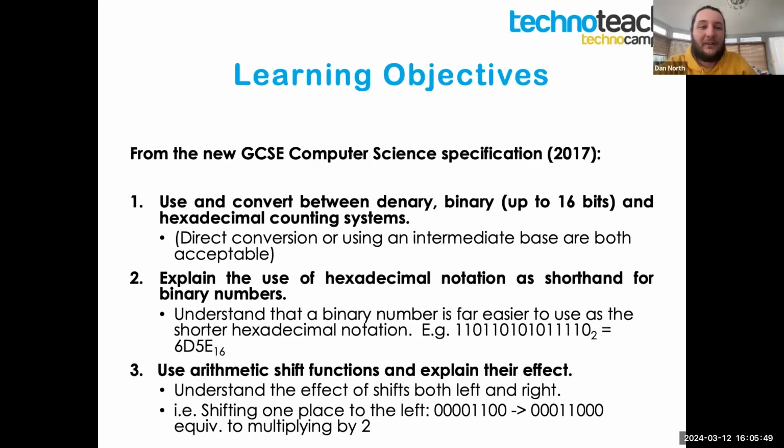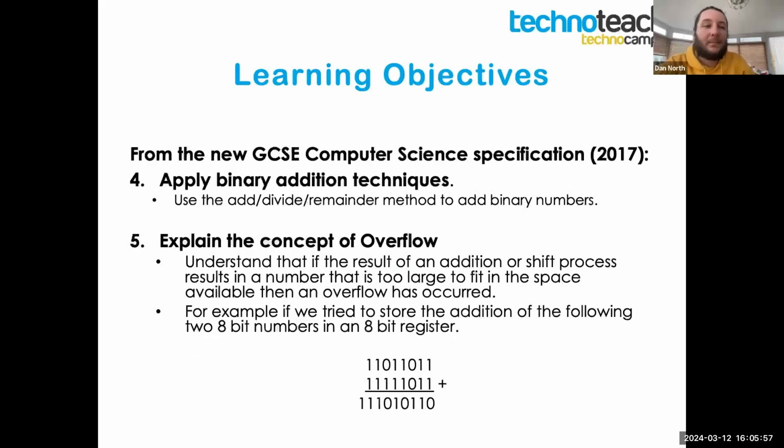And we learn how to use arithmetic shift functions and be able to explain their effect in the number systems. And then we'll apply binary addition techniques, learn how to add, divide, and get the remainder of binary numbers, and explain the concept of an overflow. What are overflows? Why do they happen?